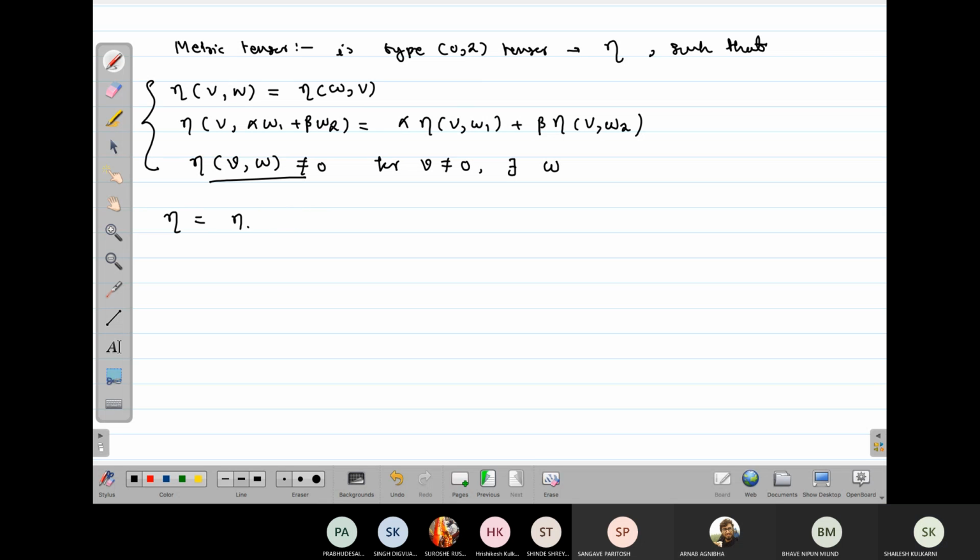So eta equals eta_ij e^i direct product e^j, and these are the components of the metric tensor.